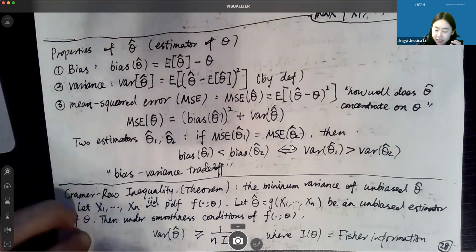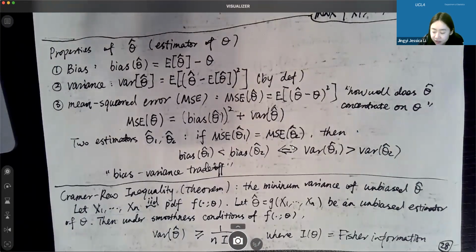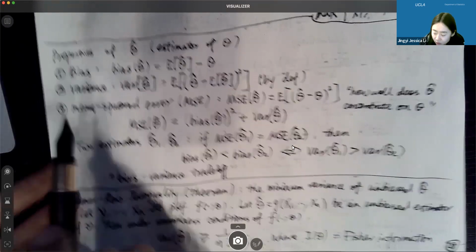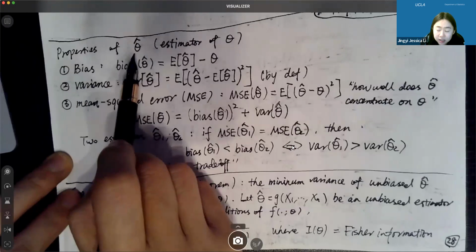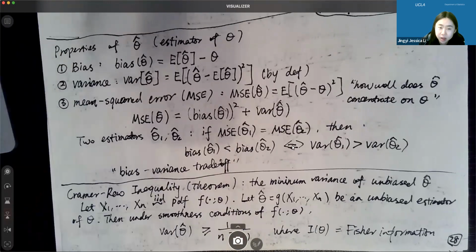And all the discussion is about that we have an IID random sample of size n denoted by x1 to xn from that distribution. And from this, we construct an estimator called theta hat. So theta hat is a function of x1 to xn.